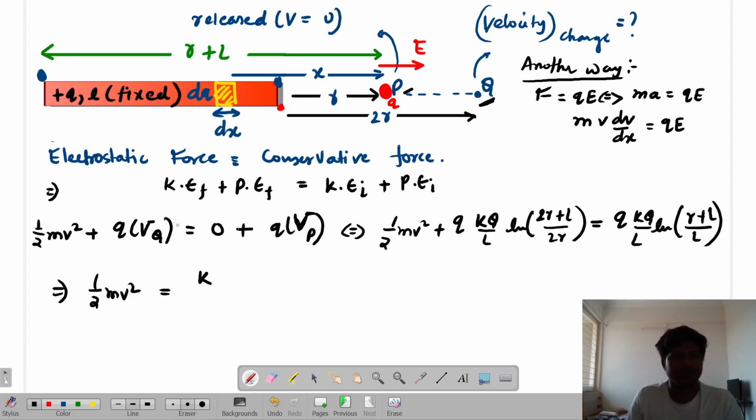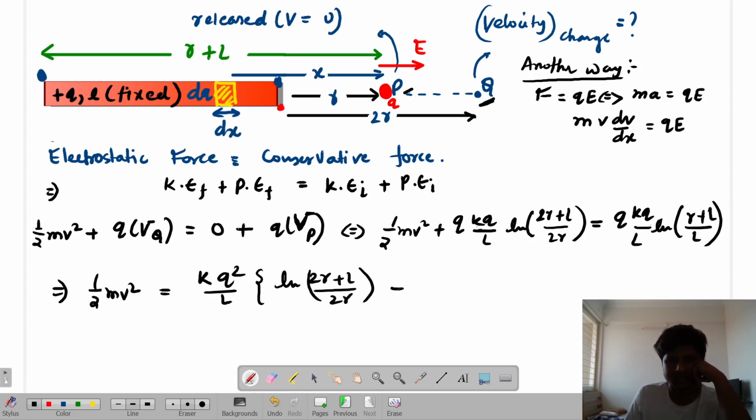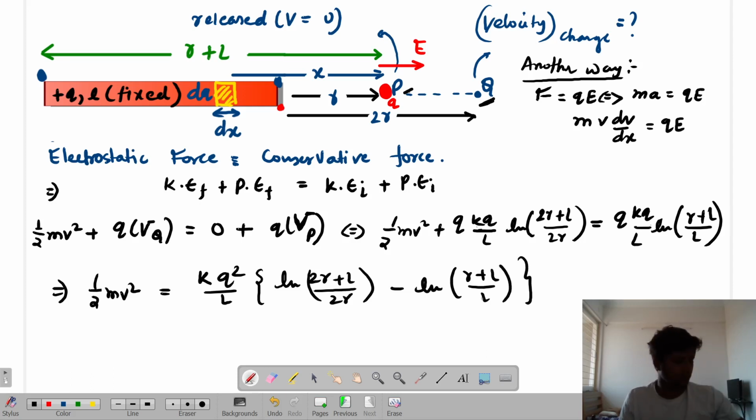I can take k, and keep the sign the same here. k into small q, so kq square by L, my goodness, ln of (2r plus L) divided by 2r minus ln of (r plus L) divided by r. Valid or not?